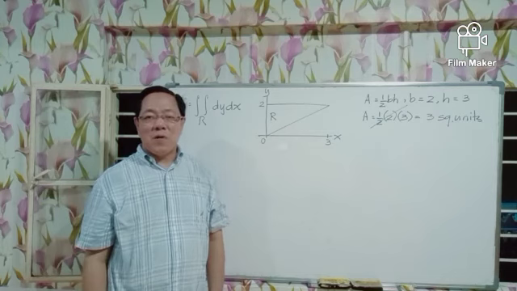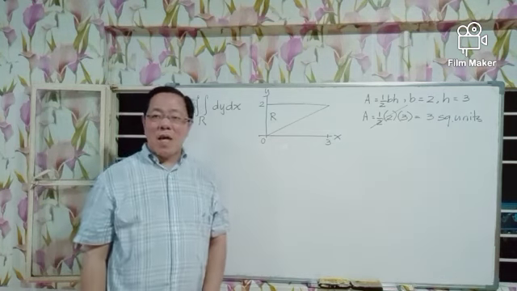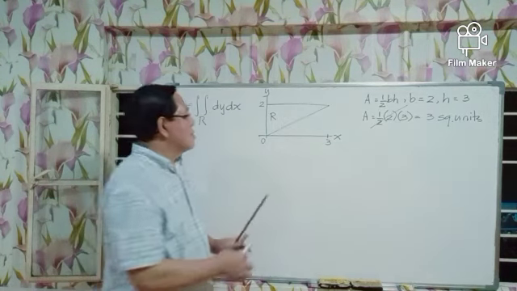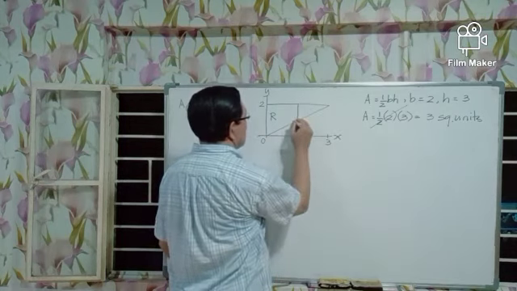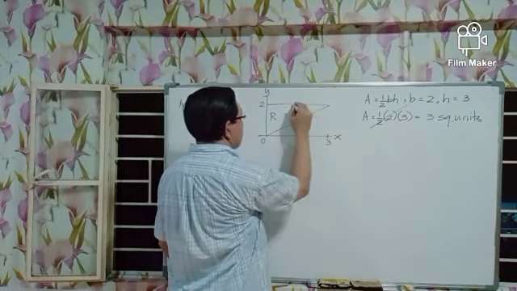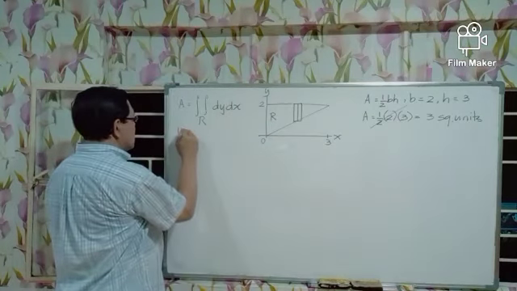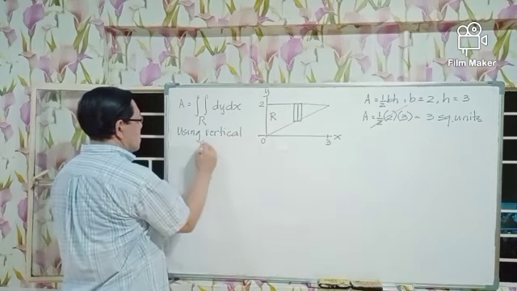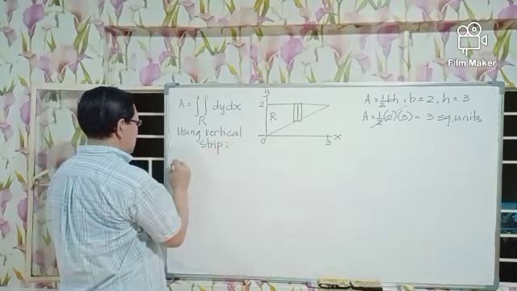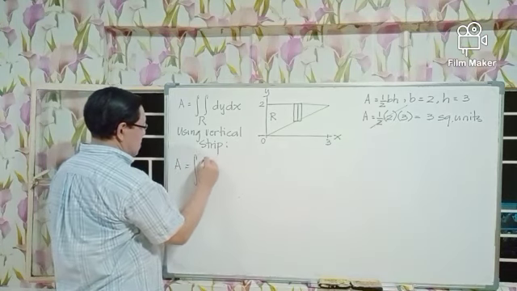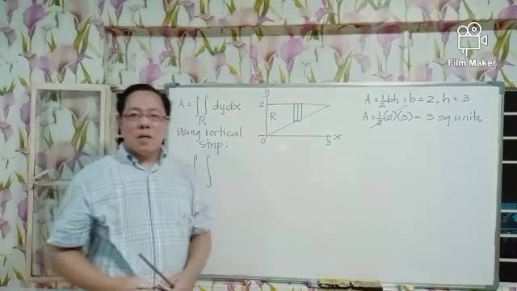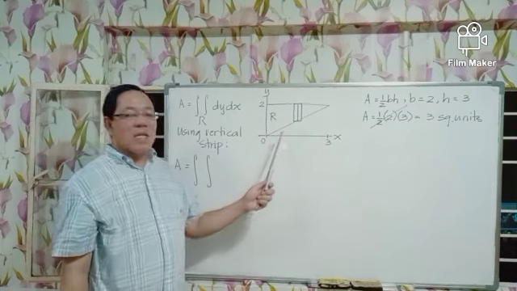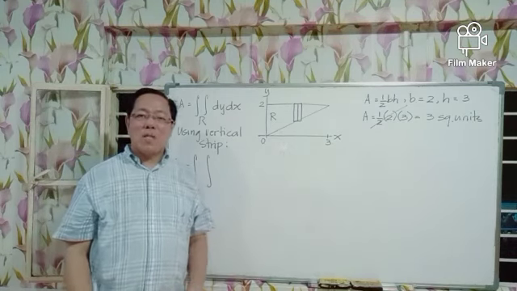I will do the first method by taking a vertical rectangular element or vertical strip from the region R. If you use a vertical strip, as I will now illustrate, we will integrate with respect to y first, and we hold x as a constant.